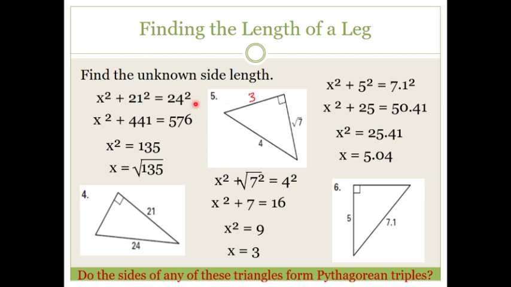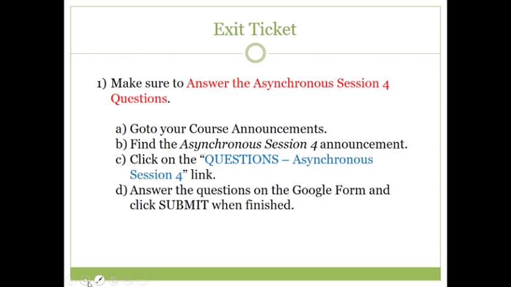So this is not a Pythagorean triple. And then in the last example, this leg is 5.04, which is a decimal, and this leg is 7.1, which is a decimal. So in this case, none of these are Pythagorean triples.